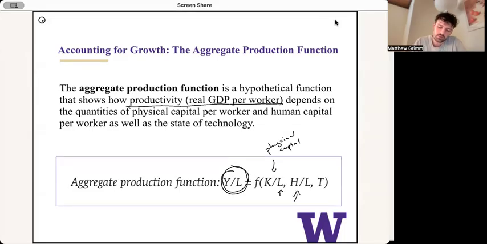Human capital is given by H, and then T is technology. We assume that technology is more or less independent of how much labor you have. Everyone has access to this technology, so we don't need to divide that one by labor.